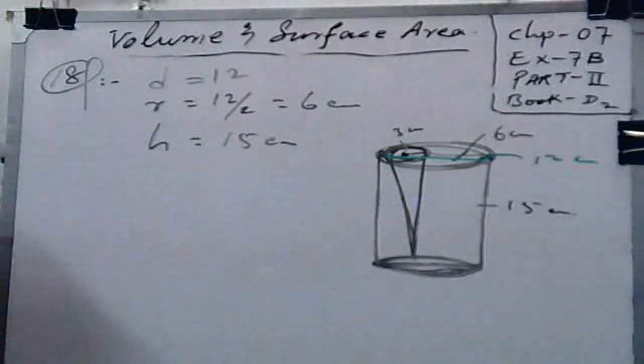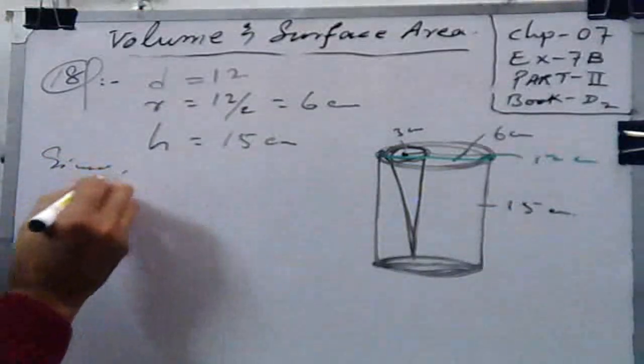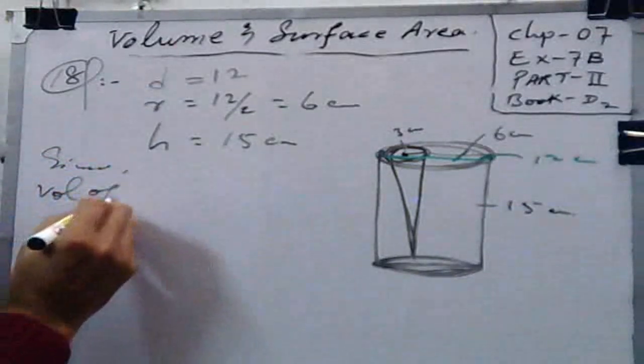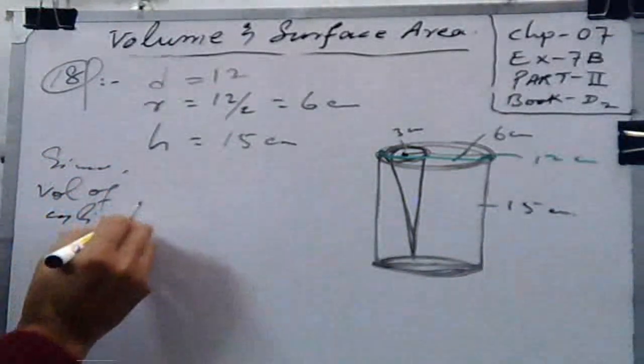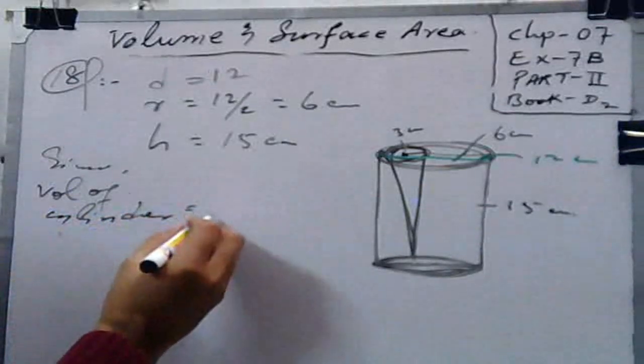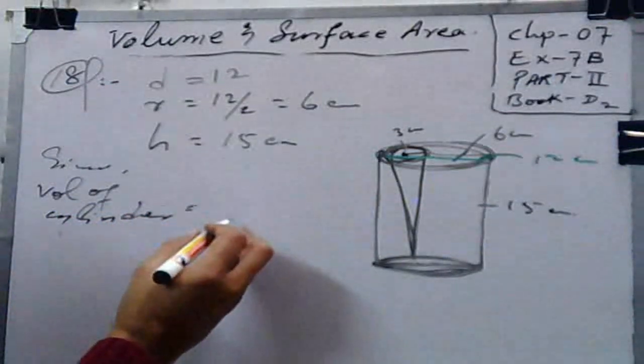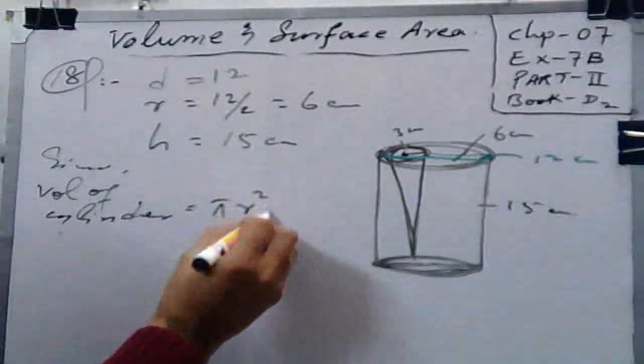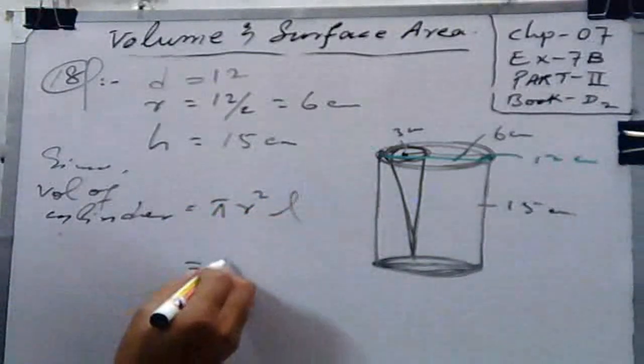So the volume of a cylinder is equal to pi r square h.